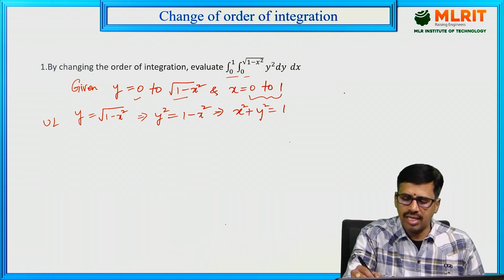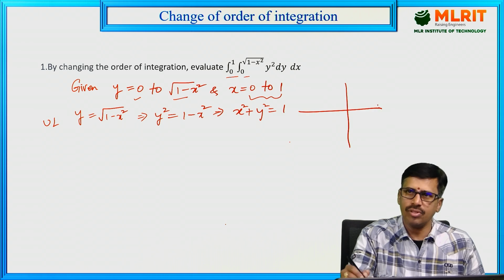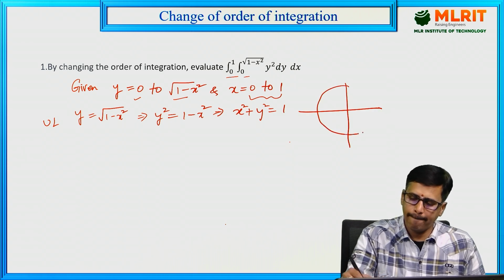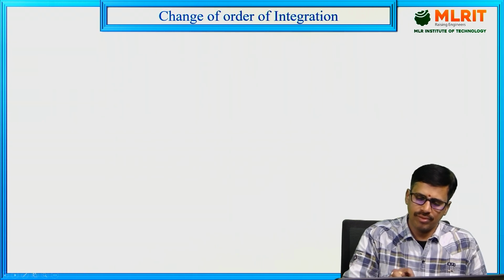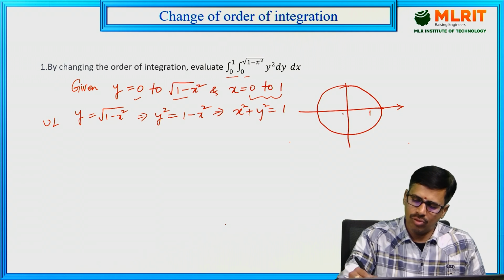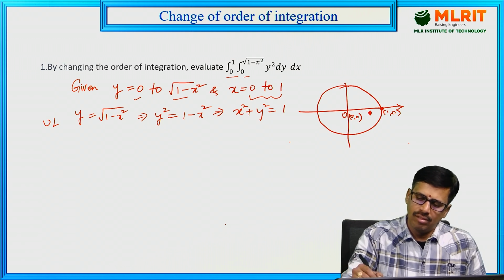So this is the circle equation of radius 1. So this is the x-axis. So this is 0 comma 0. This point is 1 comma 0. This is y-axis. So this is 0 comma 1. Right.